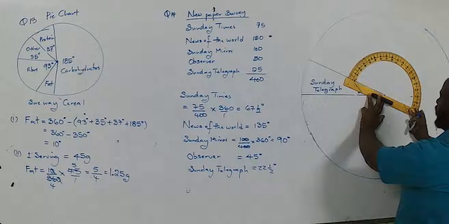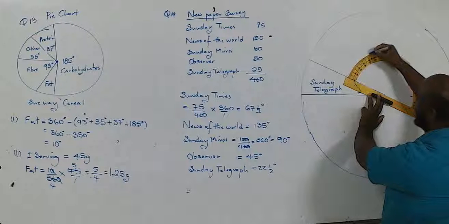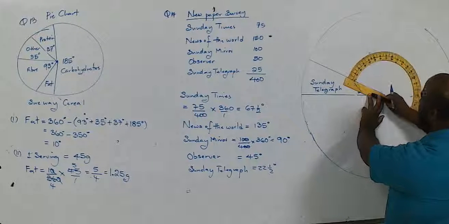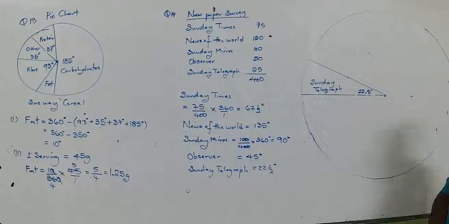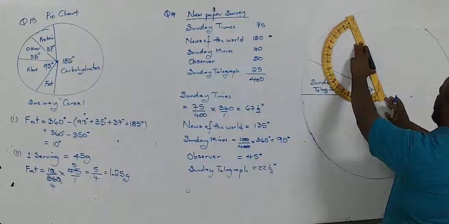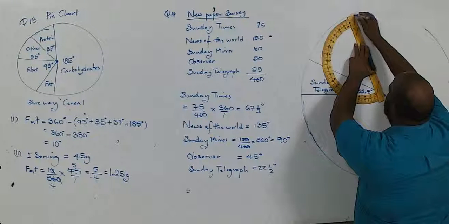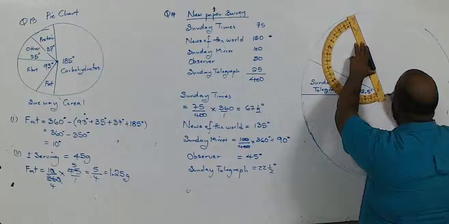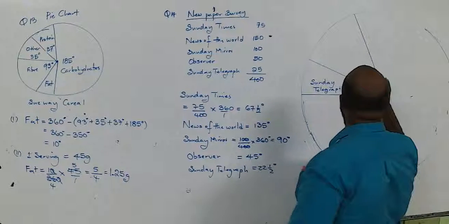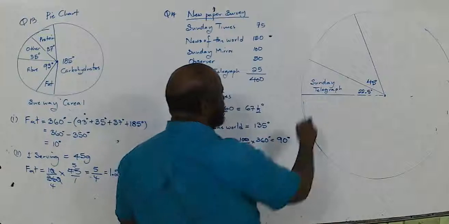I'm going to measure 45. 10, 20, 30, 40, 45. Mark that. So I can use this instead of the ruler. This is my 45 degrees, and that corresponds to the Observer.